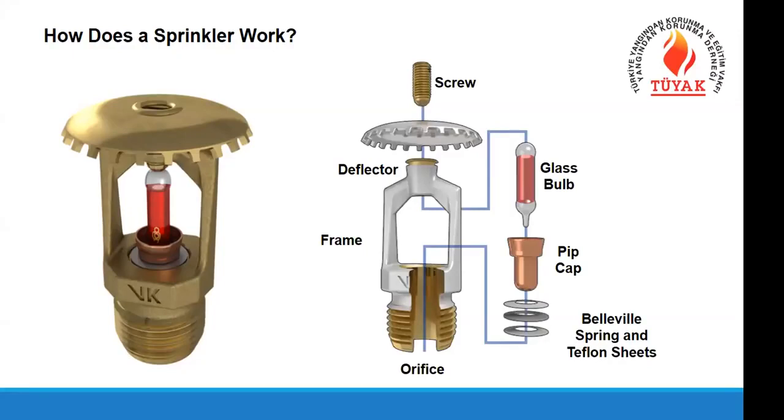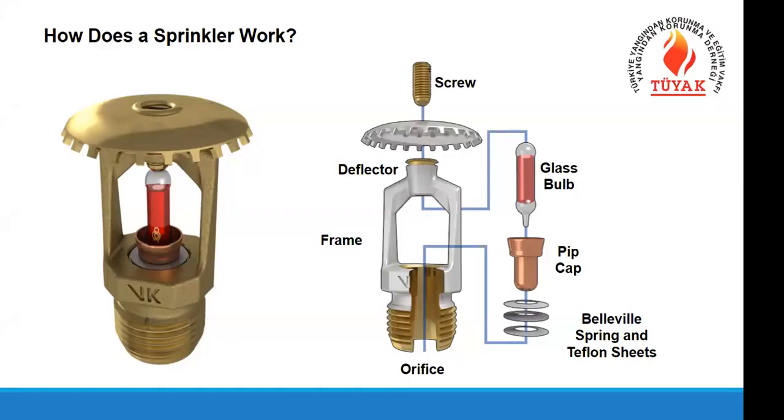It has a water hole, called the orifice, and it's defined by the water flow per the pressure behind the sprinkler, and you have a defined value of K factor, increasing with the fire hazard or the installation height. So you have different kinds of sprinklers with different K factors, namely different flow rates of water when you need to open the sprinkler during a fire.